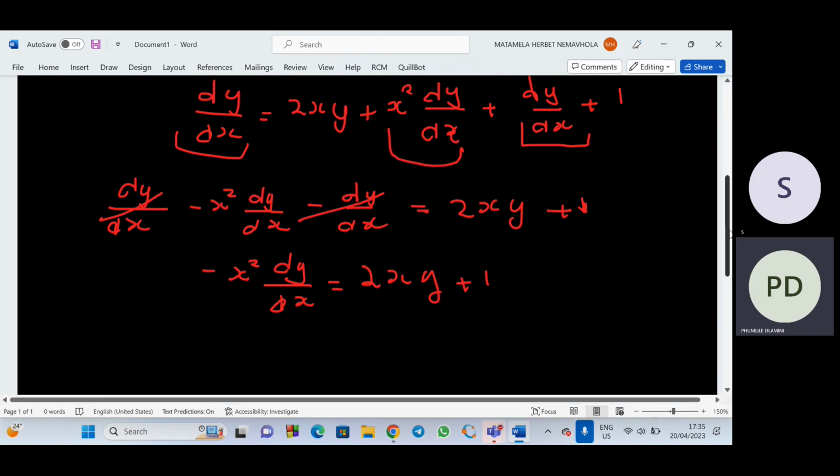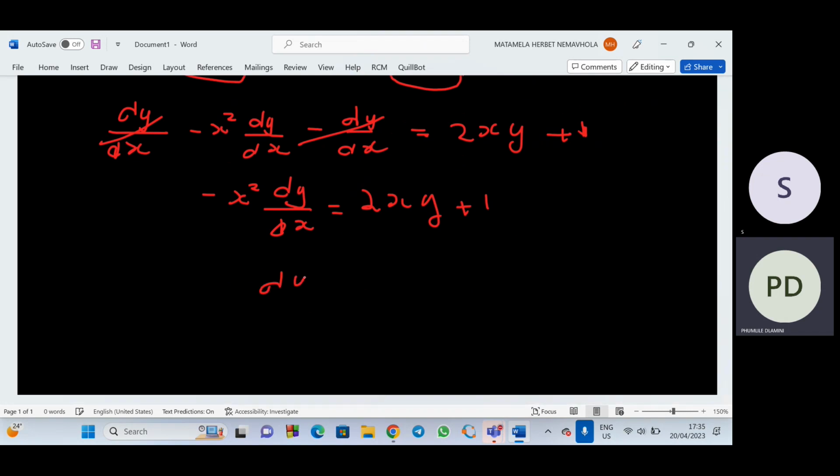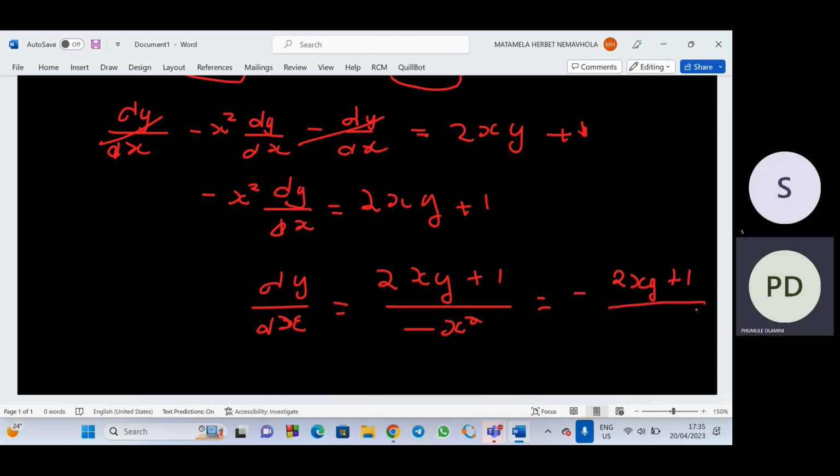When we divide by negative x squared, our dy over dx is going to be equal to 2xy plus 1 over negative x squared, which you can just rewrite as negative (2xy plus 1) over x squared, which is still the same.